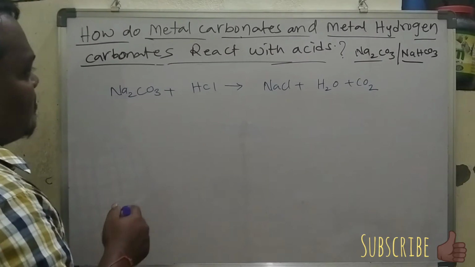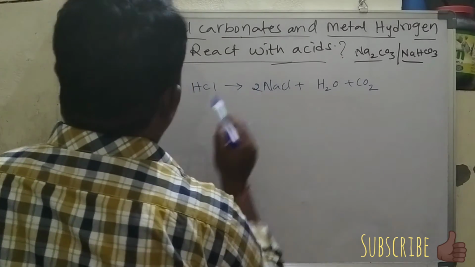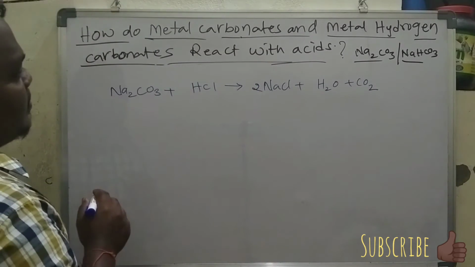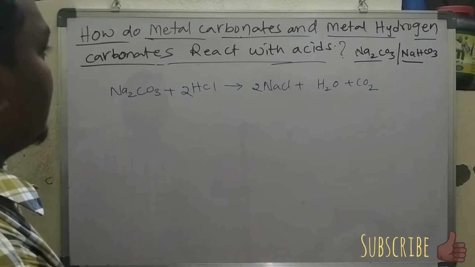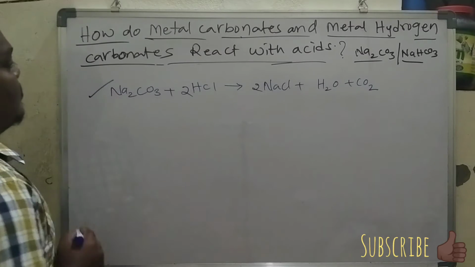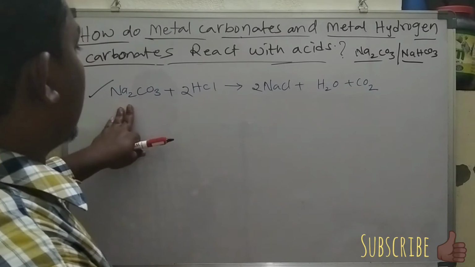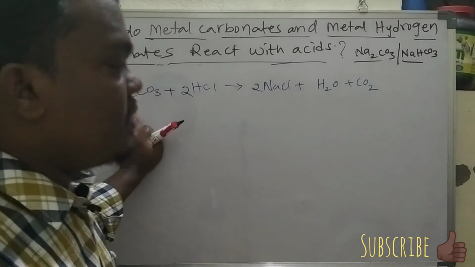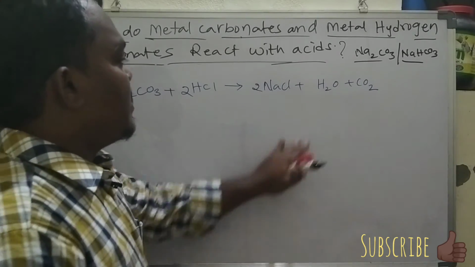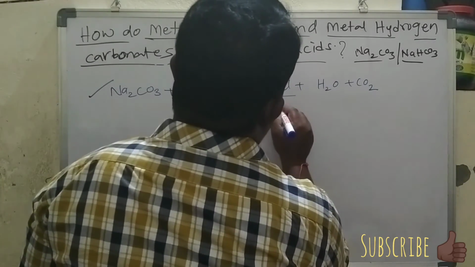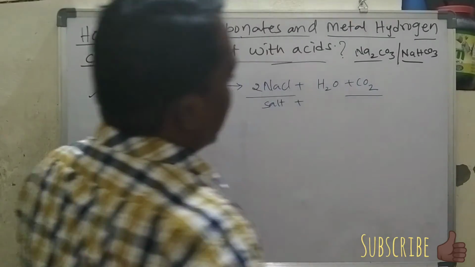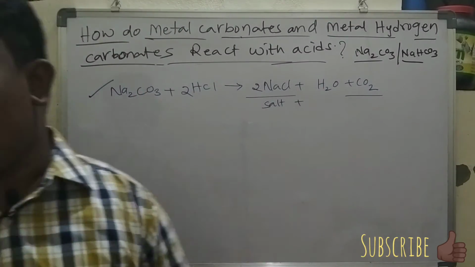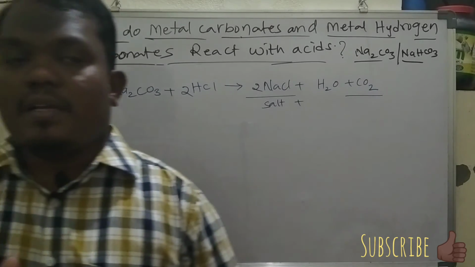Let me balance the equation. I put 2 here, so it becomes 2 NaCl, and I put 2 here as well. So I think it is a balanced equation now. When sodium carbonate reacts with HCl, it gives us salt and water along with carbon dioxide liberation.